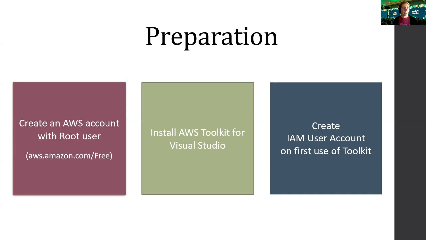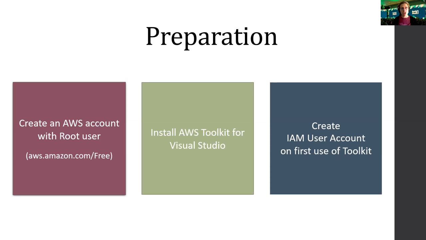And then the next thing, I'm using Visual Studio 2019, so I installed the AWS toolkit for that. And when you first open up that toolkit in Visual Studio, the first thing it does is say, oh, wait, we need to be connected to an account. We need to have access to the credentials.